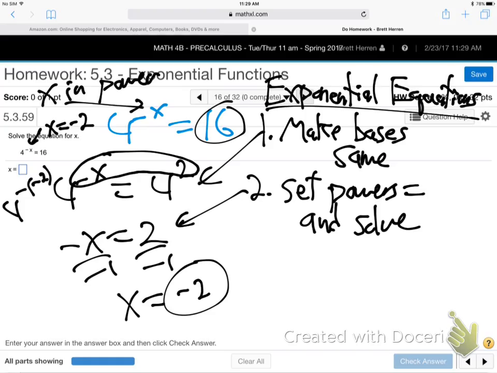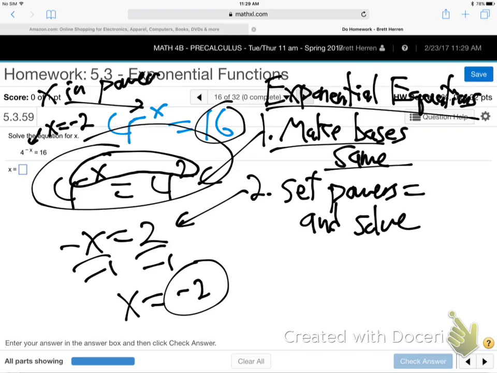If you plug in -2 there, that's certainly going to make it work, because the negative already in the equation hits the -2, makes it +2, 4 squared is 16. That's correct. So you see the steps? Step 1, make the bases the same. Step 2, then just set the powers equal and you can solve.